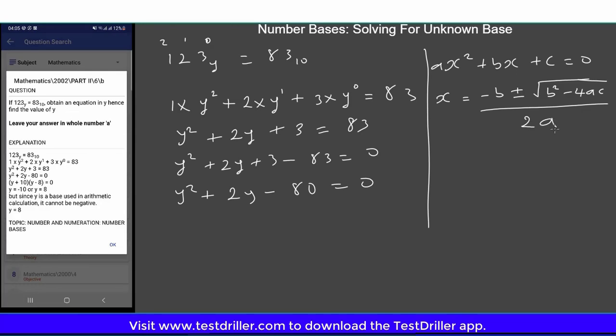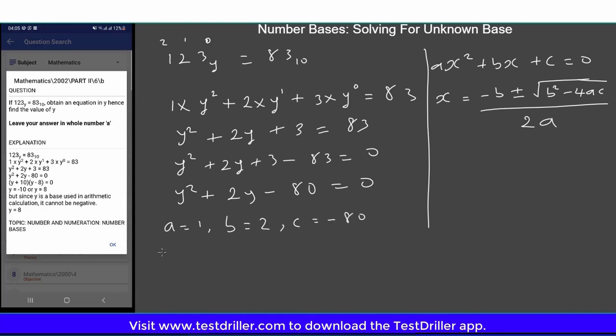So what this implies is to get the value of x, we can simply apply that formula to get our answer. In this instance, a is the coefficient of y squared, which is 1. b is the coefficient of y, which is 2. And c is the constant, which is minus 80.